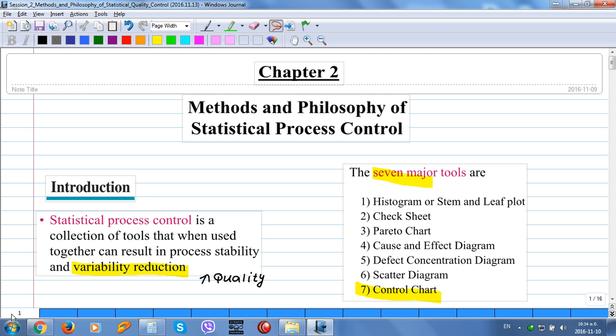In the next two chapters we are going to deal with problems, that is, solve problems related to control charts. We will meet in the next video to do the calculations related to the control limits. Thank you.